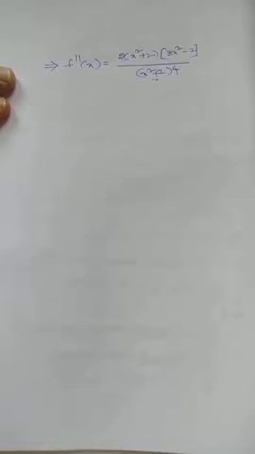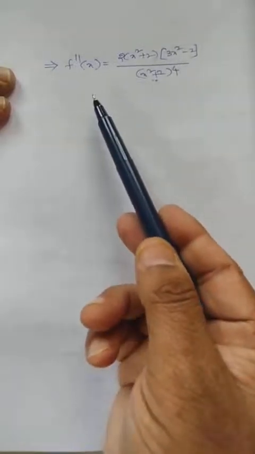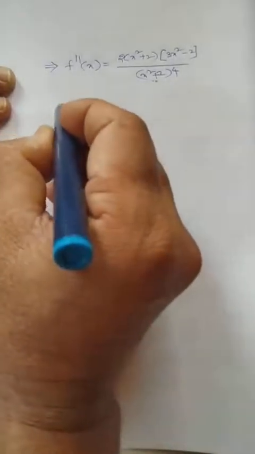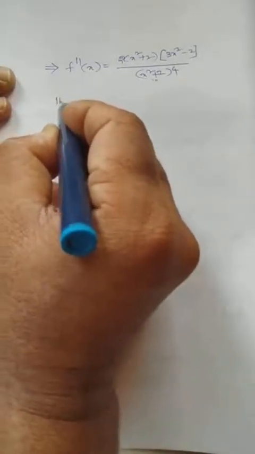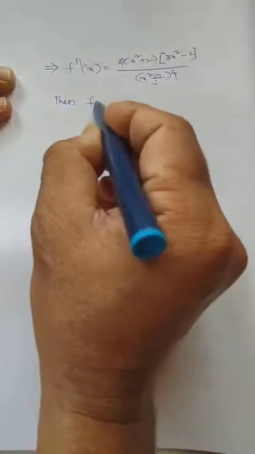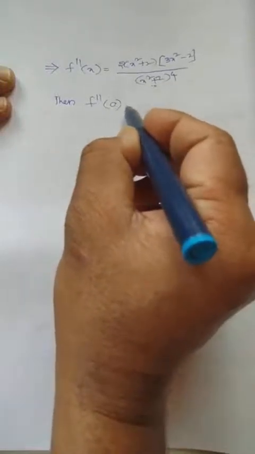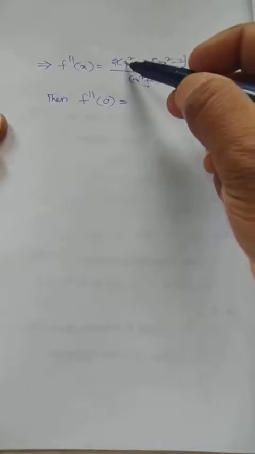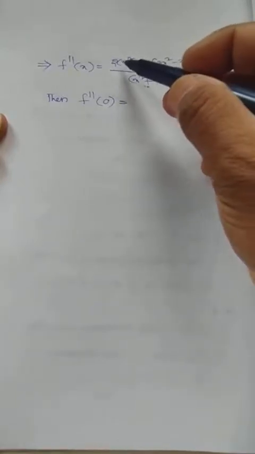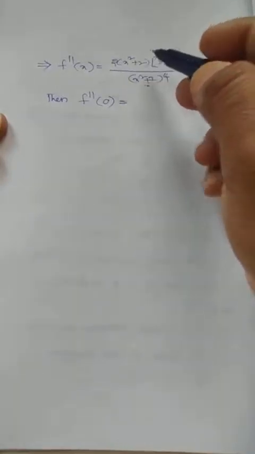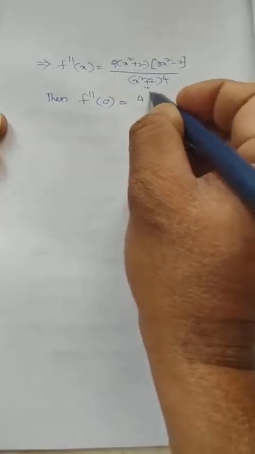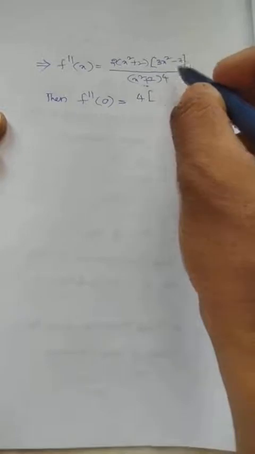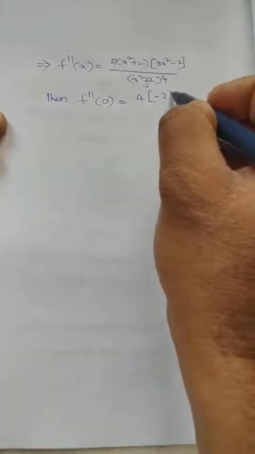Let us check the sign of f double dash of x at the stationary point x is equal to 0. Then f double dash of 0 is equal to 0 square means 0, 2 remains, 2 into 2 means 4. Now this term is 0, so into minus 2 you would get here.